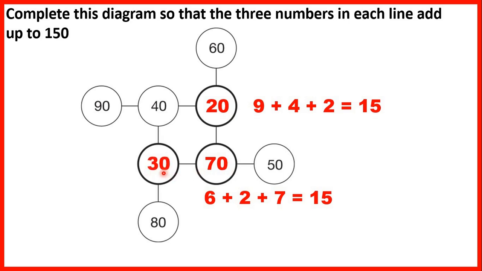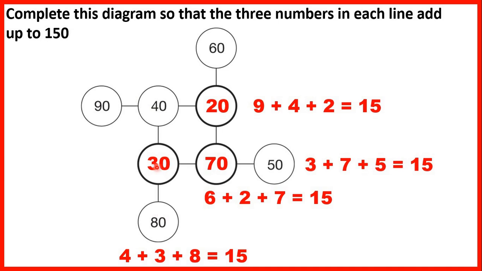And we have 30 here, because 4 plus 3 plus 8 is 15, so 40 plus 30 plus 80 is 150. If we've worked out that 40 plus 80 is 120, then we need another 30 to make 150 in total.